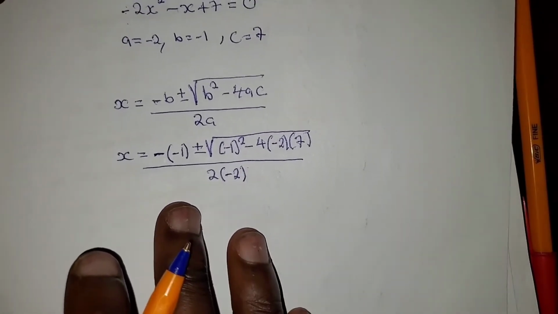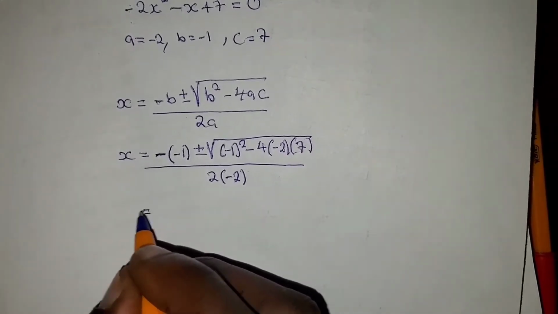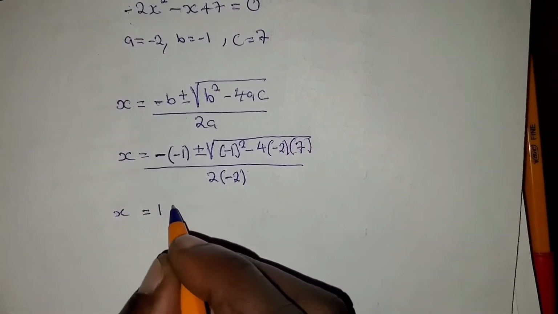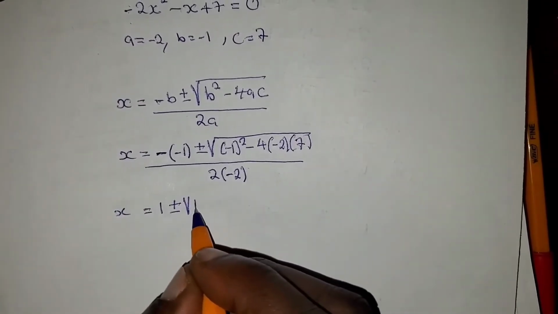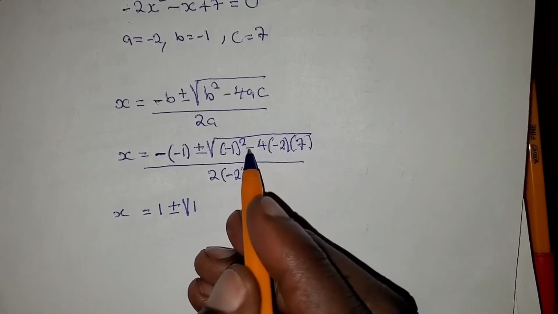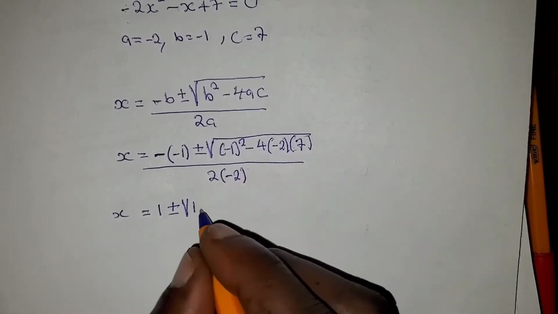We proceed. Negative times negative is positive, so it's going to be +1. x is equal to +1 here, plus or minus. -1 squared is +1. How many negatives do we have here? We only have 2. Negative times negative, positive times positive, it will still be positive.